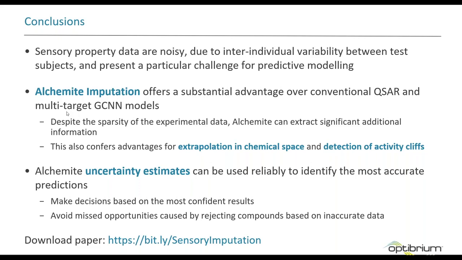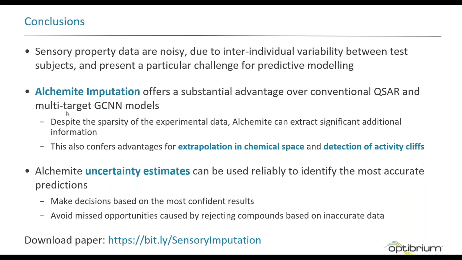However, we've seen how the Alchemite imputation model offers a significant advantage over the conventional QSAR and the multi-target graph convolution neural networks. And that is despite the sparsity in the experimental data, the Alchemite can still extract the additional information from the data, even though it's sparse and noisy.